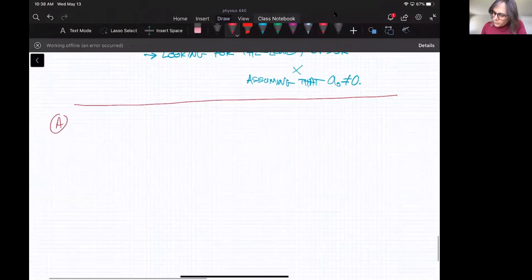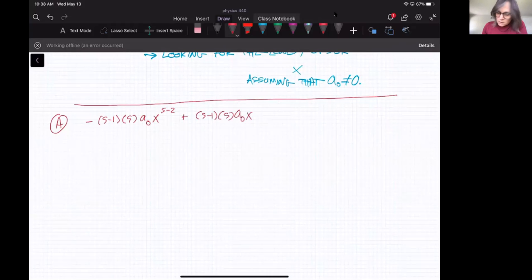So you have your A term, which you can write as just going term by term: minus s minus 1, s a naught x to the s minus 2, plus s minus 1, s times a naught times x to the s. We're just going through the different values of j now.